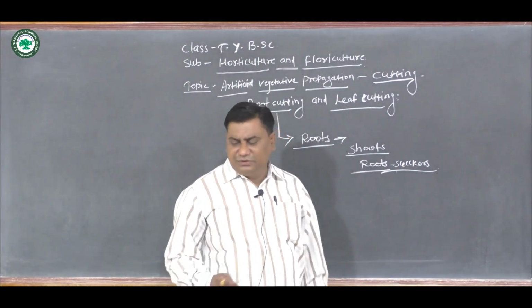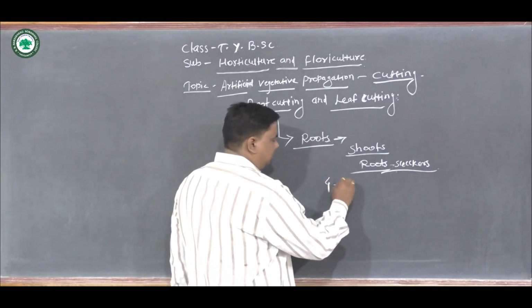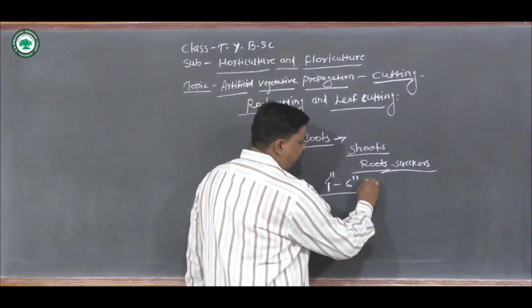Generally roots are cut into 4 to 6 inch long pieces.